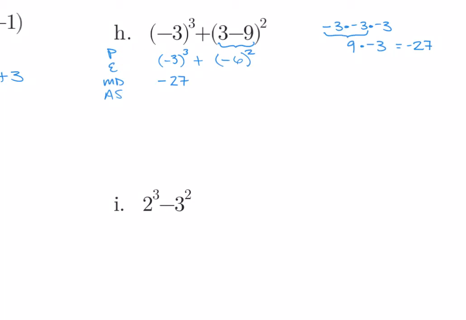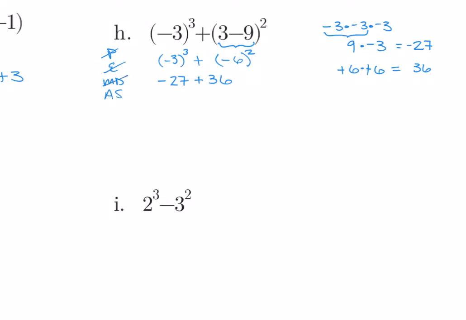What about -6 squared? This is inside parentheses. I am squaring the whole thing. We get 6 times 6 is 36. My negatives cancel out. And so we do get positive 36. All right, so that took care of parentheses and exponents.